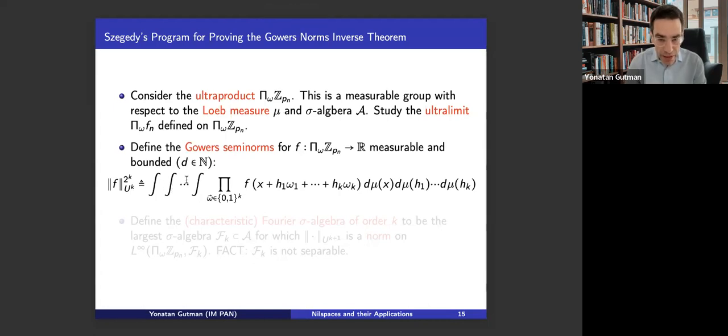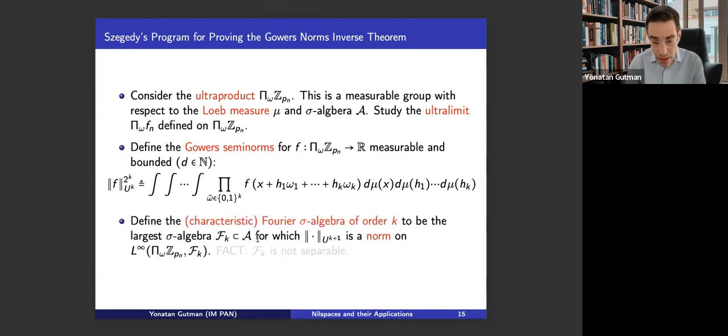Then he defined the Gowers seminorms in this context. And here is the key point.